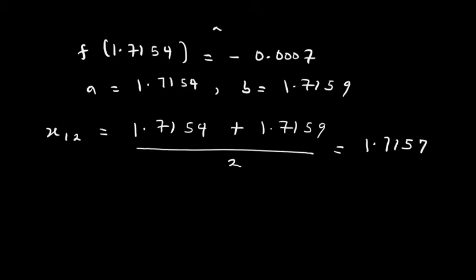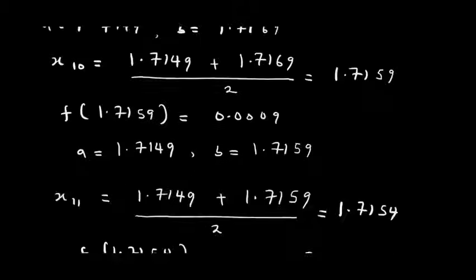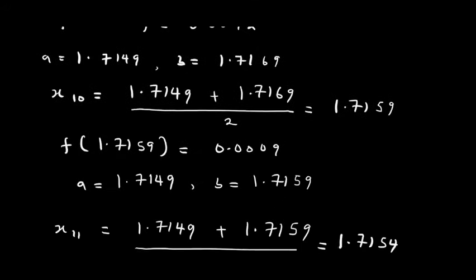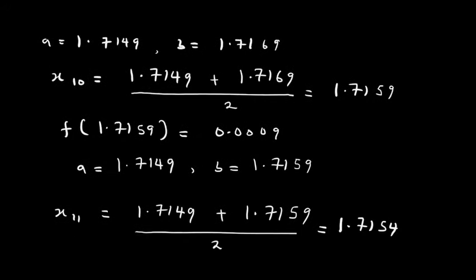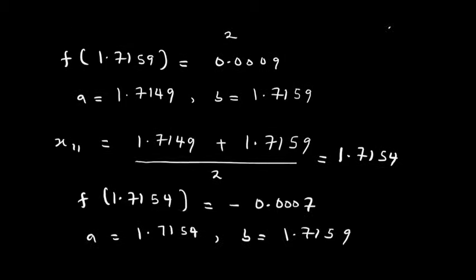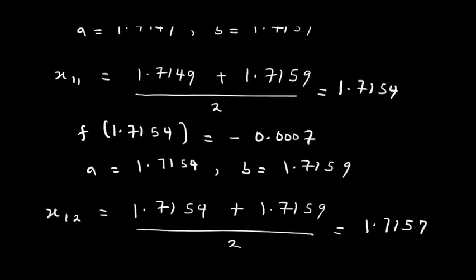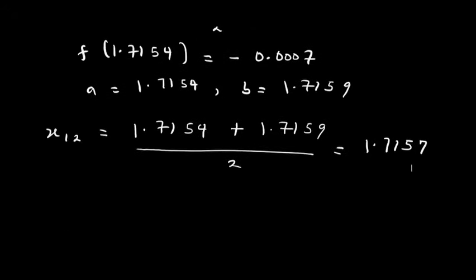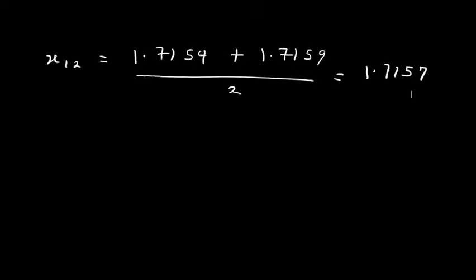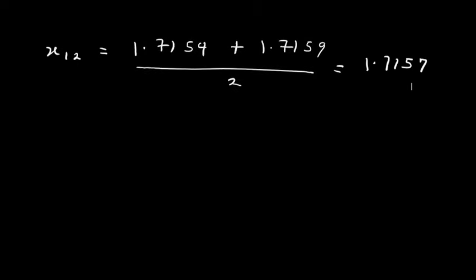Okay, if you notice, our x10 here we have 1.7159, x11 we have 1.7154, and x12 we have 1.7157. So from the question, we are asked to find the value of x to 3 decimal places.